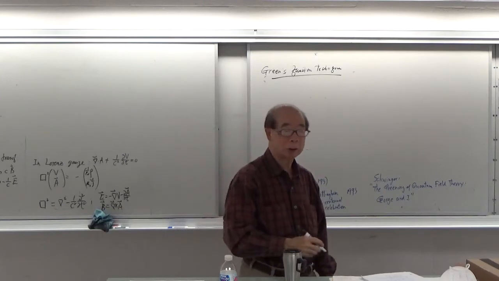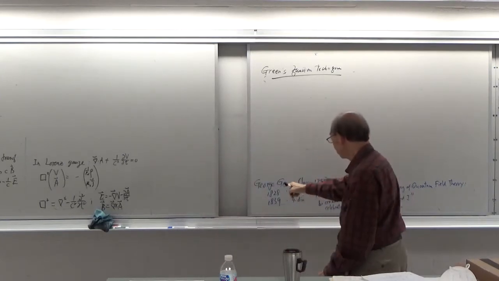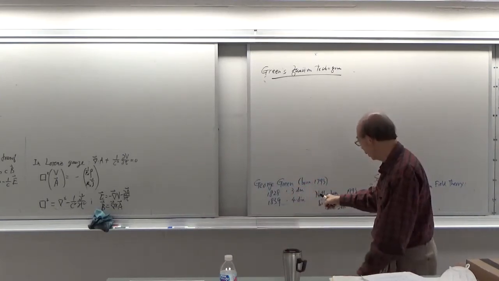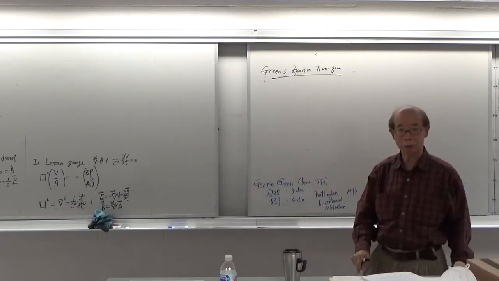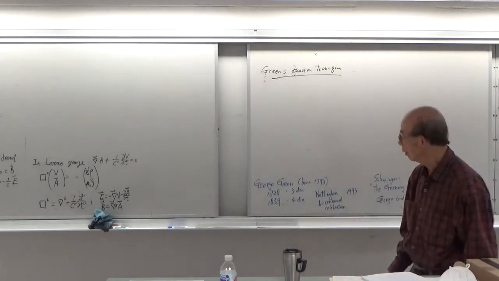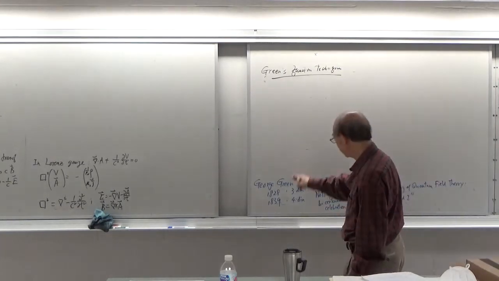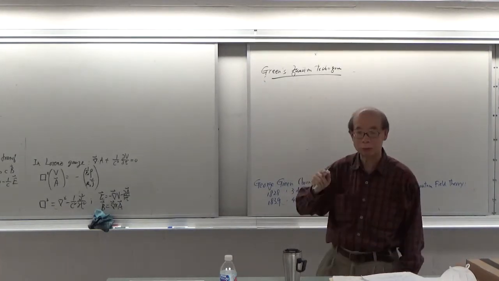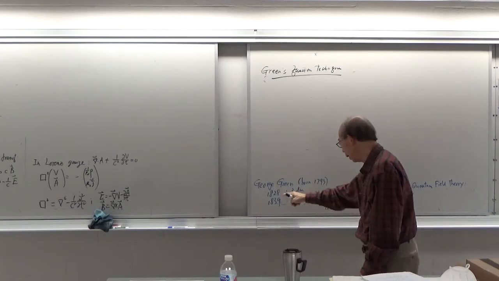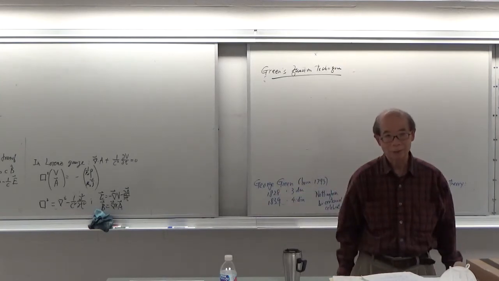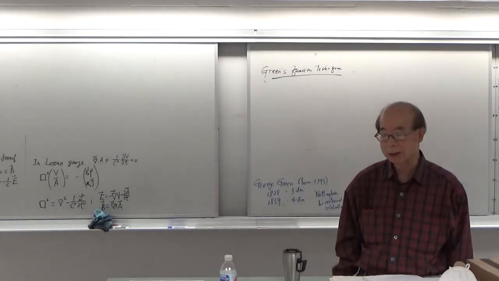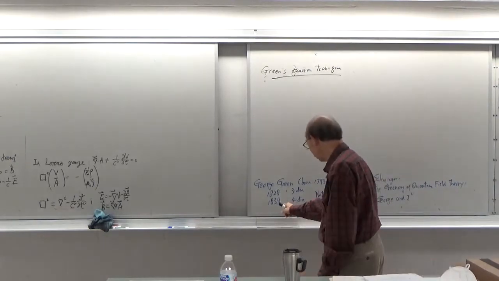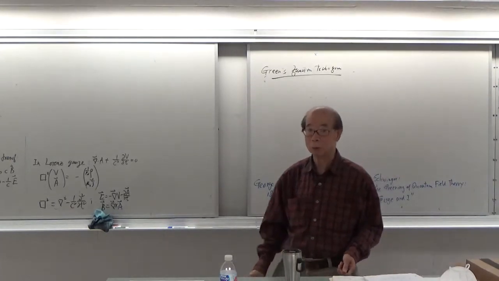This technique was introduced by George Green, born in 1793. He worked out the three-dimensional Green's function case in 1828. And 11 years later, in 1839, he solved a four-dimensional case.